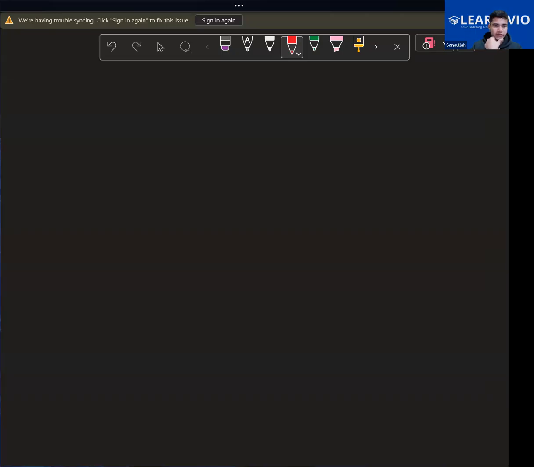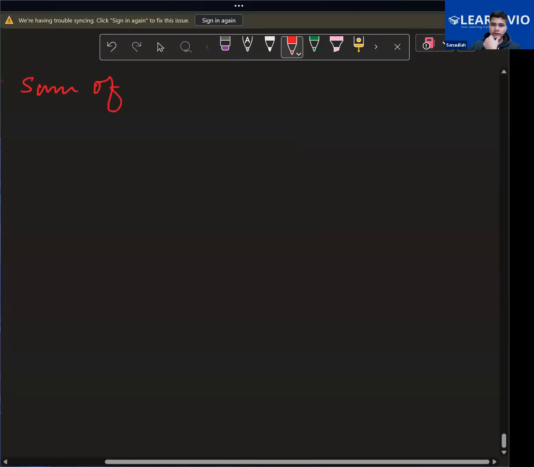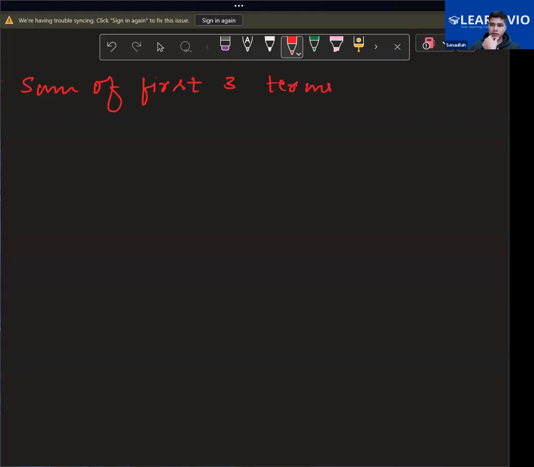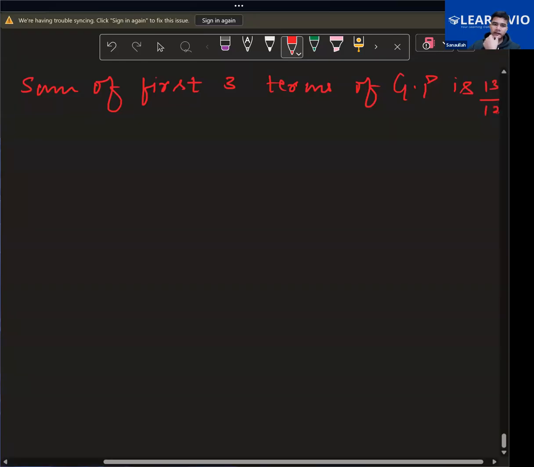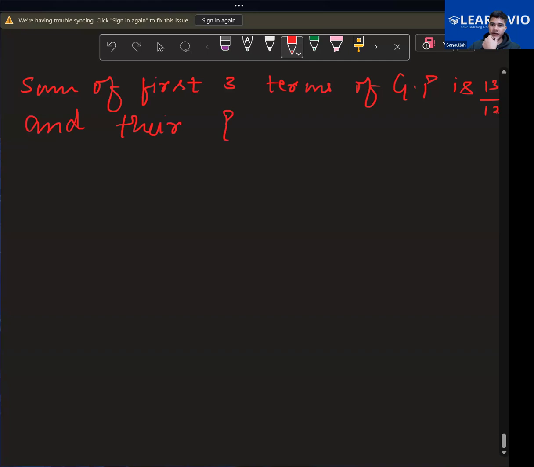Okay, so the question is that the sum of the first three terms of a GP, that is geometric progression, is 13 upon 12, and their product is minus 1.